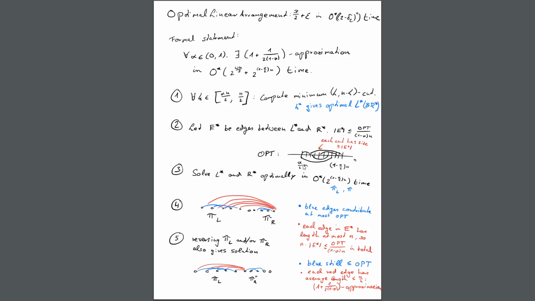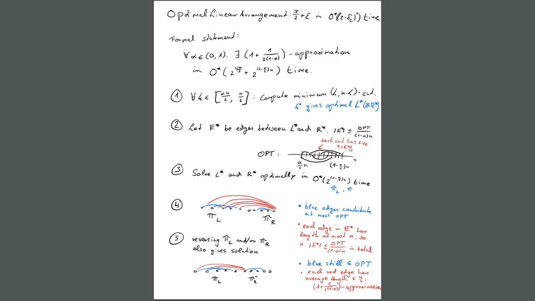But each of the cuts in the middle has size at least E star, because, well, if one of these cuts is smaller, then for this k we could have computed a smaller cut. But if each of these cuts has size at most opt divided by 1 minus alpha n, then they all summed together is roughly opt.